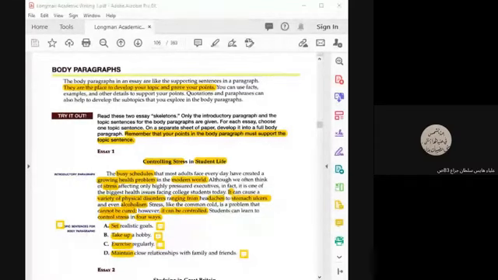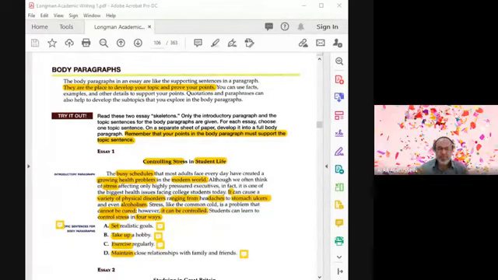Sir, I have a question about the academic essay we studied. You said that in the thesis statement, when we write subtopics, they should be the same structure. Sir, what do you mean by the same structure? If the first subtopic is a noun, the other subtopic should be a noun too.